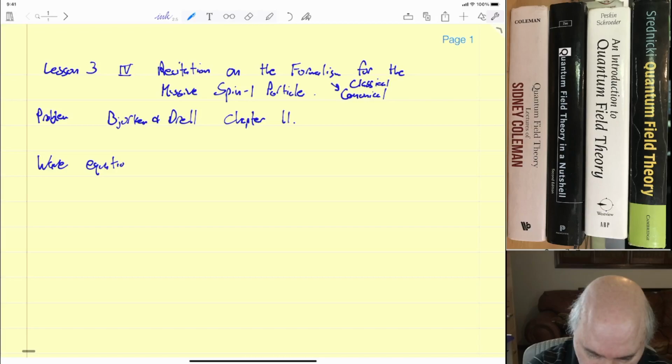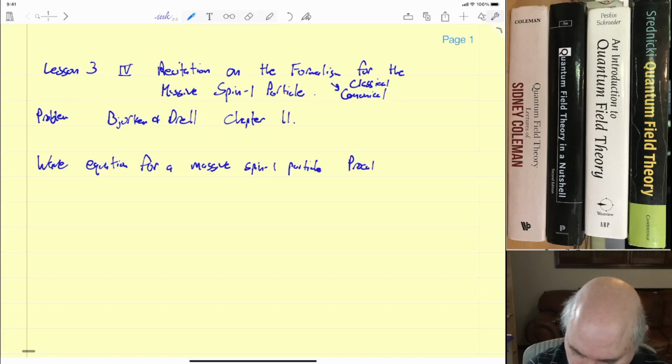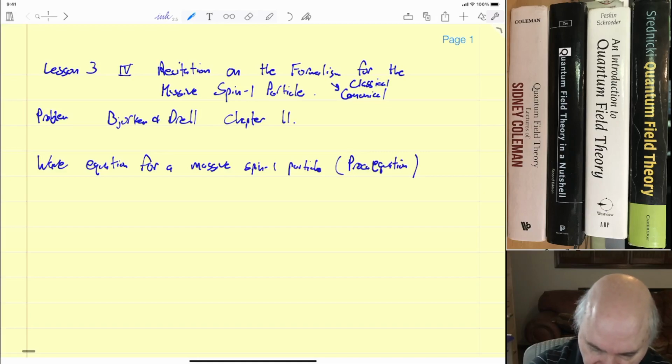The wave equation for a massive spin 1 particle is also known as the Proca equation. g mu nu is just our usual Minkowski metric; Bjorken and Drell used g instead of eta.